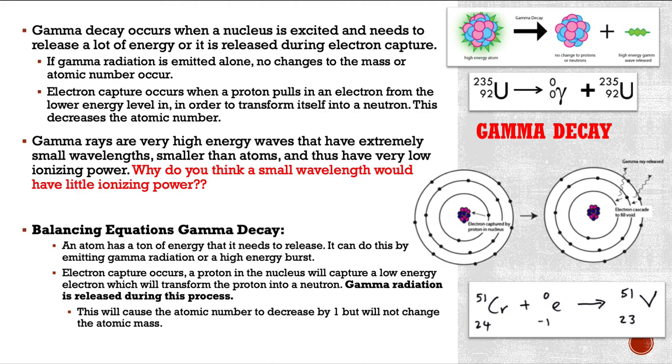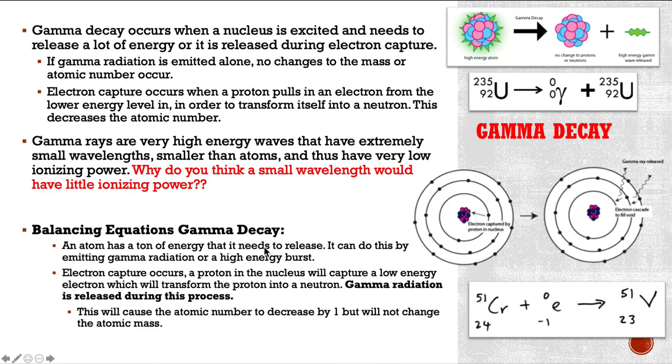Electrons actually absorb electromagnetic radiation, which is light, and that's what a gamma ray is. It's a form of light; we just can't see it. The wavelength here is so small for a gamma ray that it's not likely to knock an electron off of an atom.